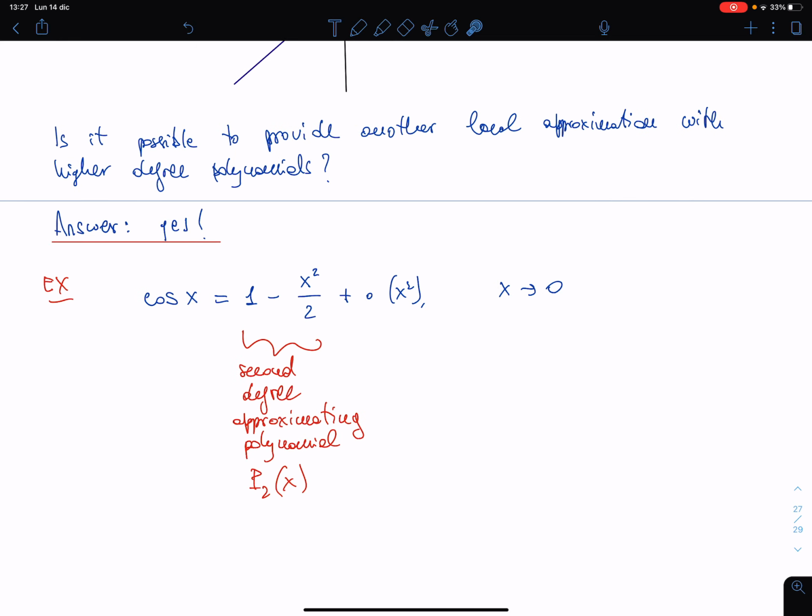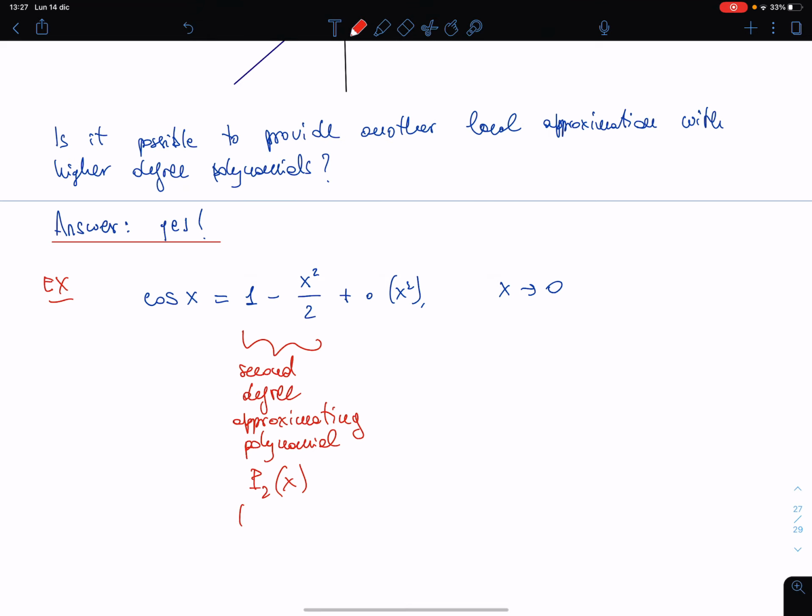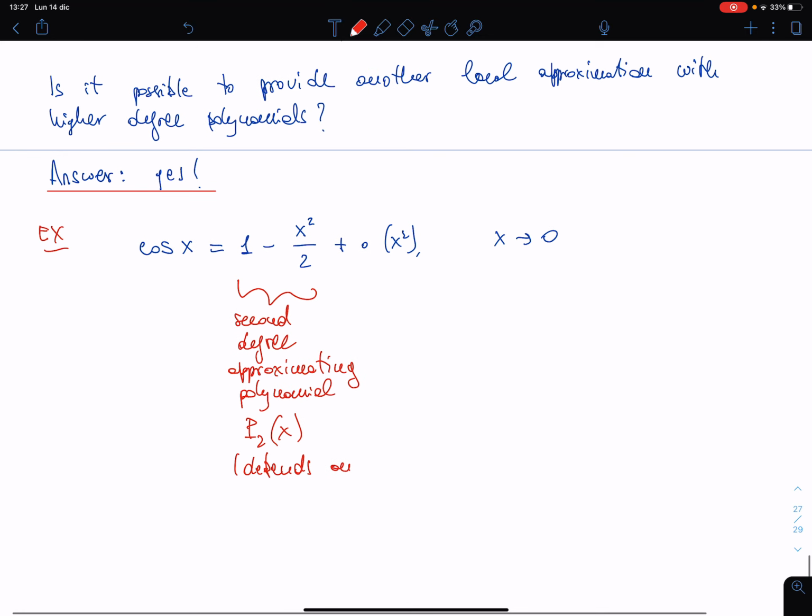So P2 of x, we refer this expression not only to the polynomial of the cosine, okay, but whenever we have to approximate a function. So P2 of x, of course, depends on the function to be approximated. But this is just to clarify what is the spirit of this topic.